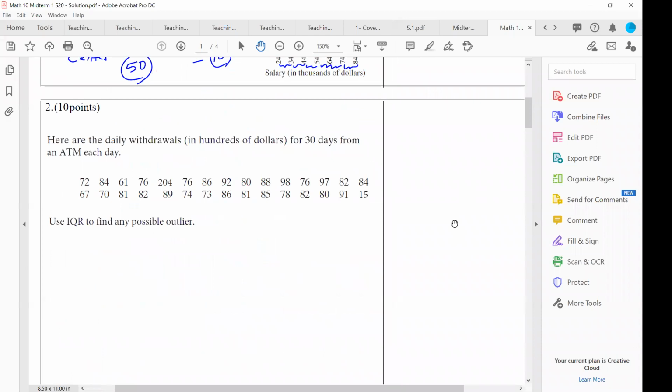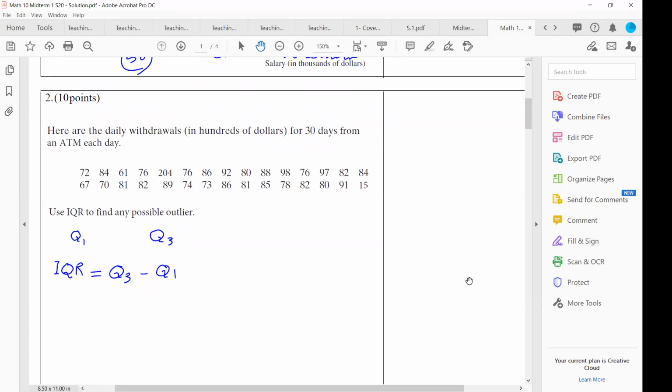First, we need to find the first quartile, then the third quartile. In the next step, we need to find the interquartile range, which is Q sub 3 minus Q sub 1. In the next step, we multiply the interquartile range by 1.5.